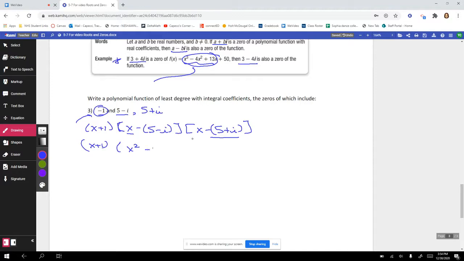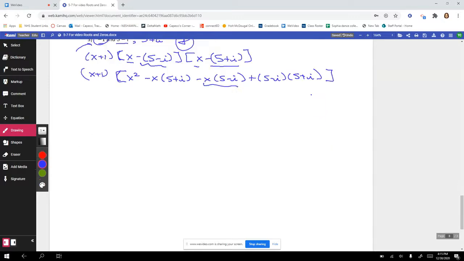So that's going to give me negative x times 5 plus i. And then my inside terms are going to be the same thing: x times negative 1 is negative x times 5 minus i. My last term, negative times negative, gives me a plus, and then I have 5 minus i times 5 plus i. And this is one big bracket.